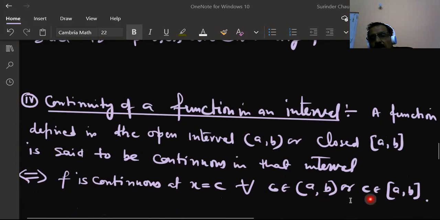That means the function is said to be continuous in a closed interval if it is continuous in the open interval (a, b) and has left continuity at b and right continuity at a. That function is continuous in the closed interval.